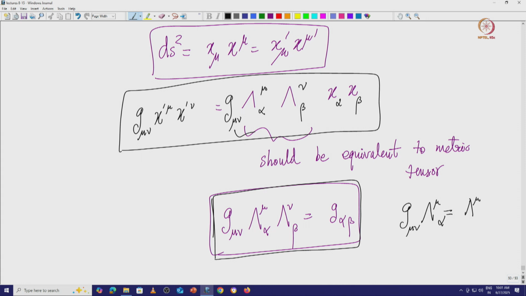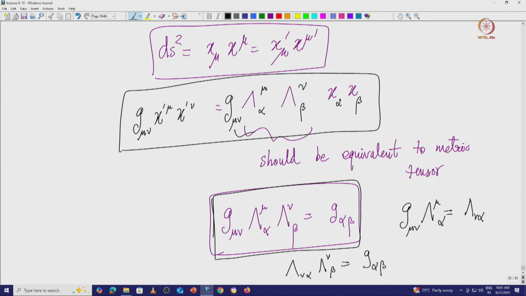So this just becomes nu alpha, the repeated index is contracted, this just becomes nu alpha. Now if you do that, the condition then just becomes lambda nu alpha times lambda nu beta is equal to g alpha beta.